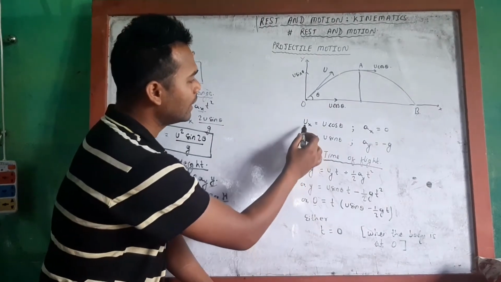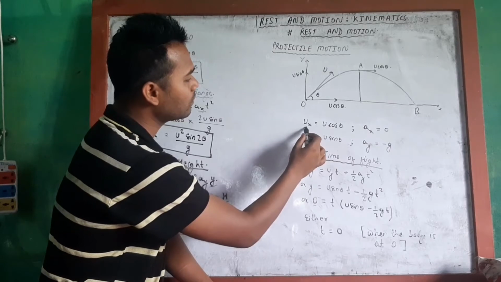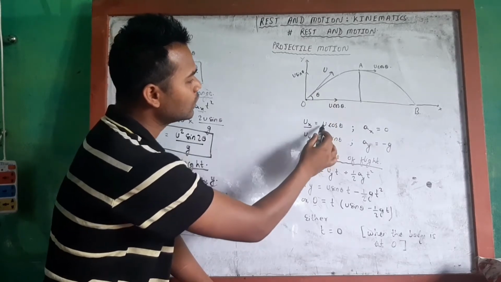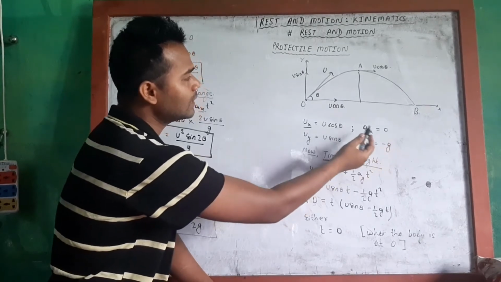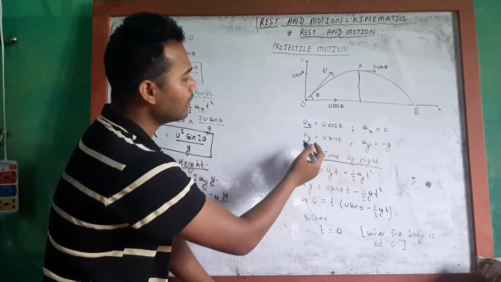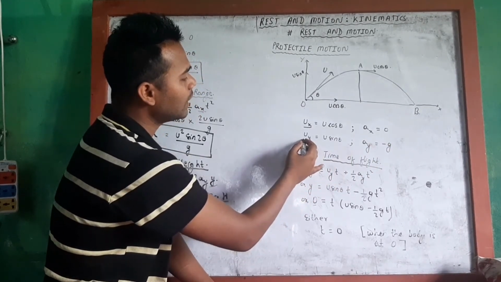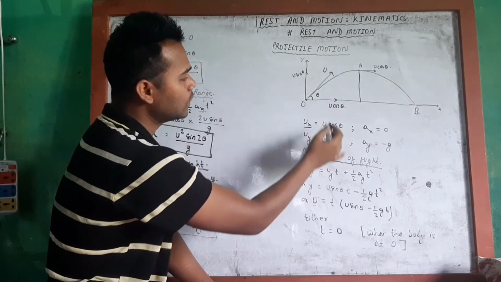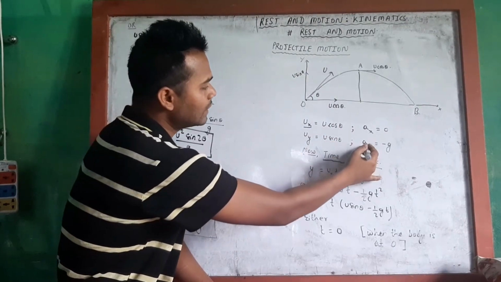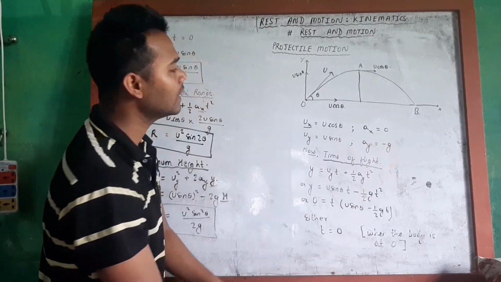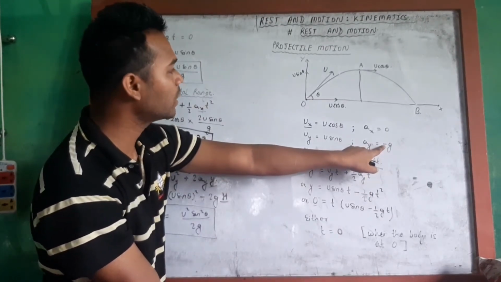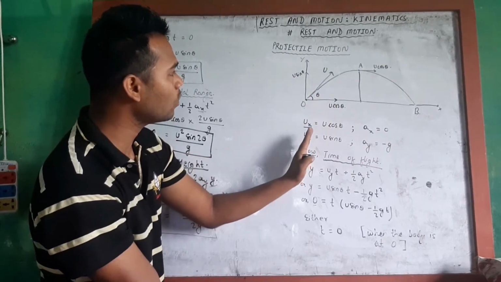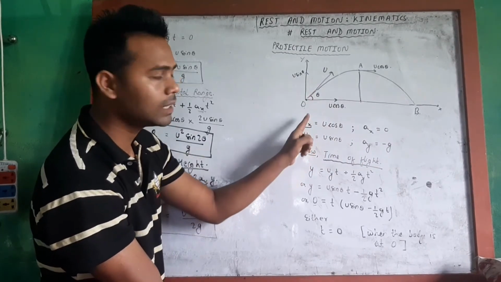Here, the x component of the initial velocity is u cos theta, and the acceleration in the x-axis is 0. Again, the initial velocity along the y component is u sin theta, and acceleration along y-axis is minus g. Here minus sign is given because the acceleration is in the downward direction, and the downward direction is considered here to be negative y-axis.